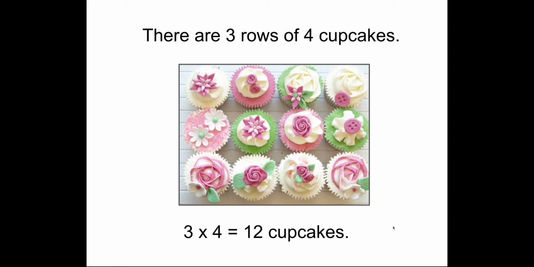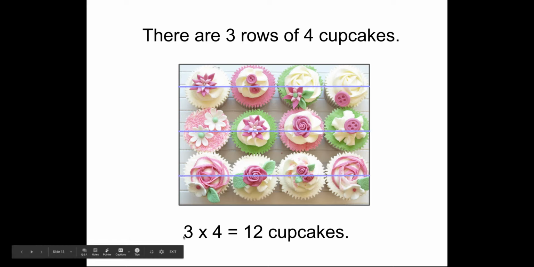We can also think of the rows as groups. So it's the same array of cupcakes, but this time let's draw our rows across. So we have 1 row, 2 rows, 3 rows. And this time, look at my equation. I have 3 rows. And how many are in each row this time?